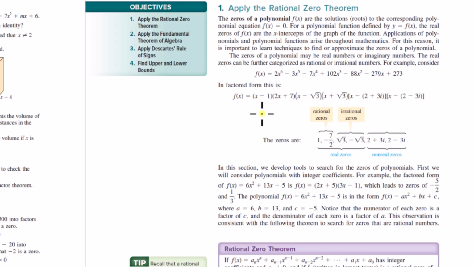Now, when we get to partial fraction decomposition, what you're doing is breaking down a rational function, a ratio of polynomials, into a sum of simpler fractions. And the idea is you need to factor the polynomial in the denominator strictly into linear and quadratic factors.